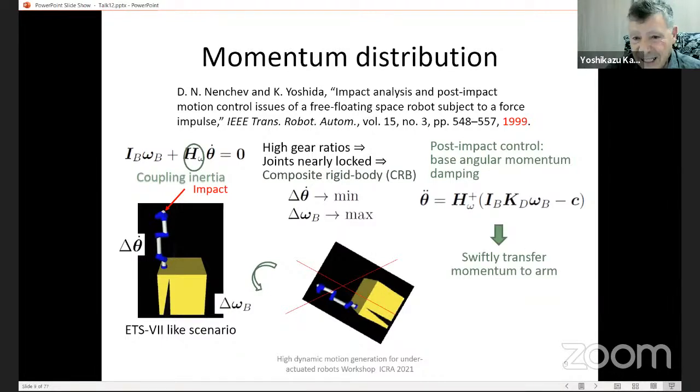And we used, like here, feedback gain for joint damping, joint velocity damping. So in this way, it is possible to swiftly transfer the momentum to the arm. Why is this needed? Because if you swiftly transfer the momentum to the arm, the base is not so disturbed. But anyway, you transfer the momentum to the arm, so the arm starts moving very fast, which eventually will hit the joint limits, which is also not a problem.